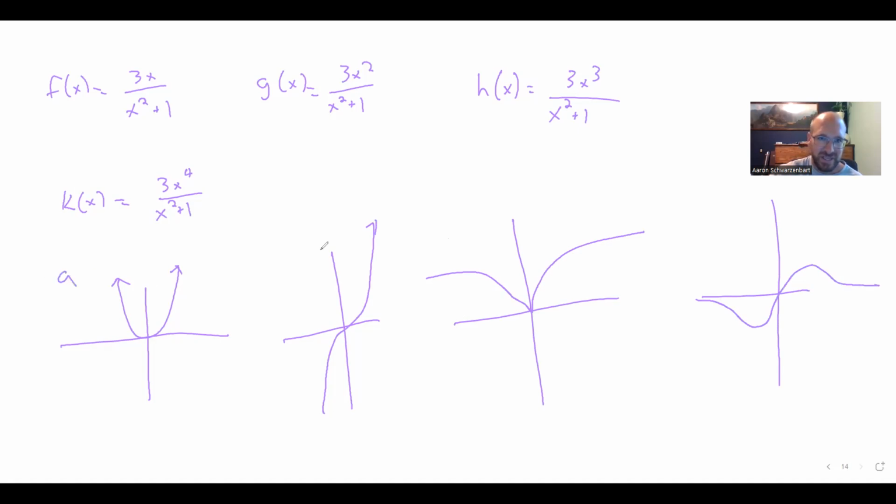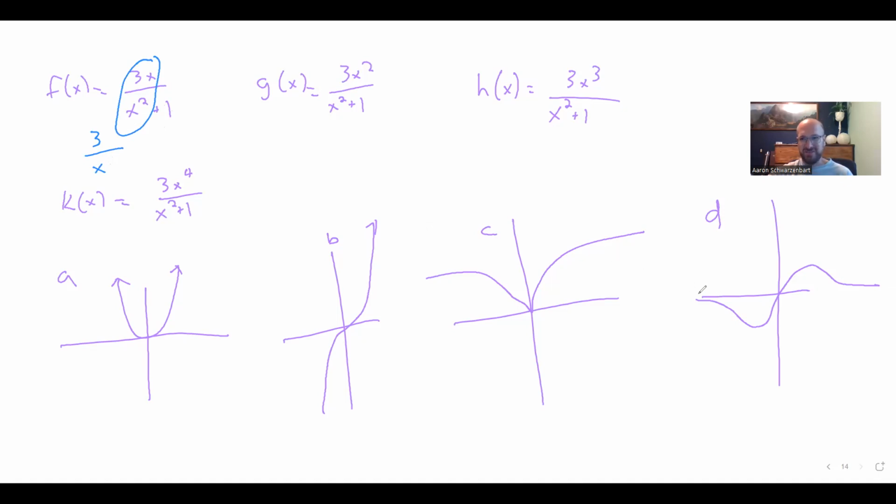So I've got here graph A, B, C, and D. As I look at this first one, I'm going to think about simplifying. Because I'm thinking about end behavior, if x is like 10,000, 10,000 squared is 100 million, does adding 1 make much of a difference? Not really. So I'm just going to look at this part. And when I reduce that, I get 3 over x. 3 over x as x gets really large goes to 0.